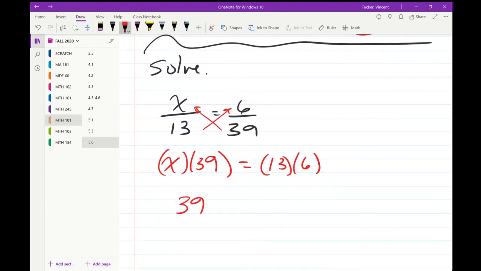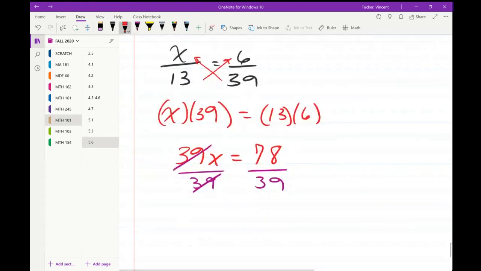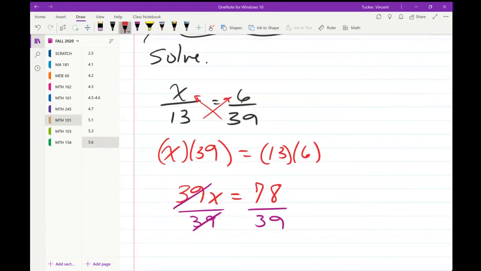So on the left, 39x. On the right, 13 times 6 is 78. Divide by 39. 39's cancel on the left. X is equal to 2.